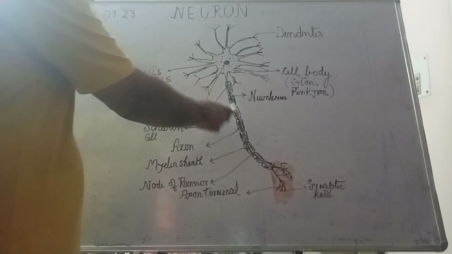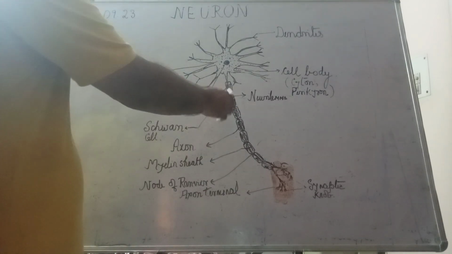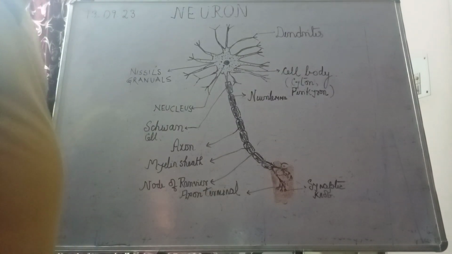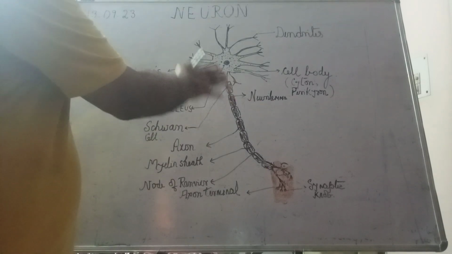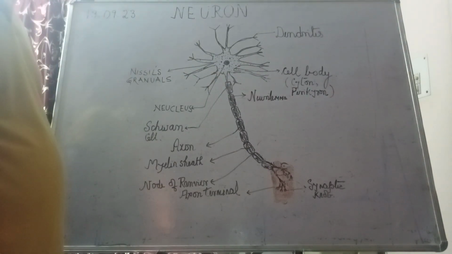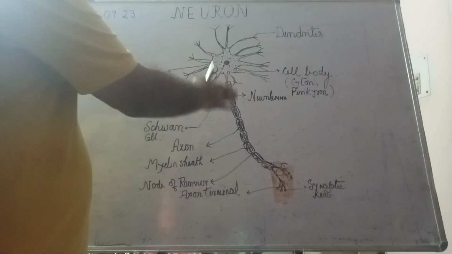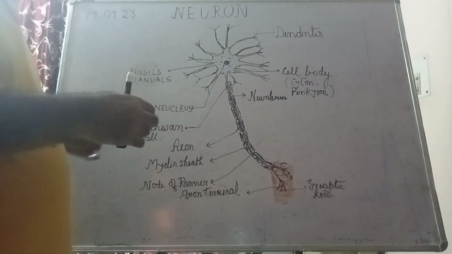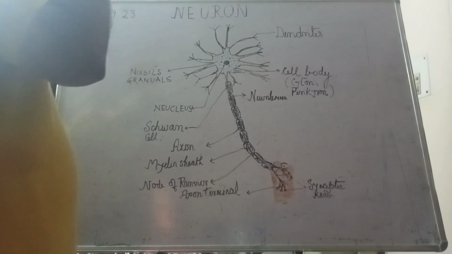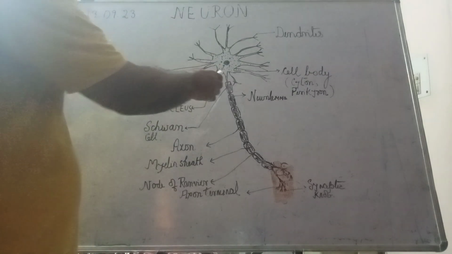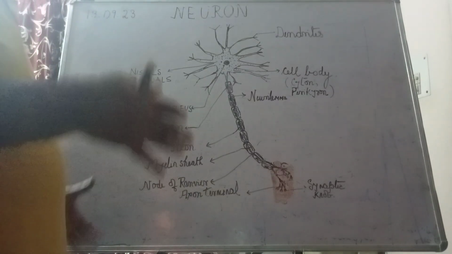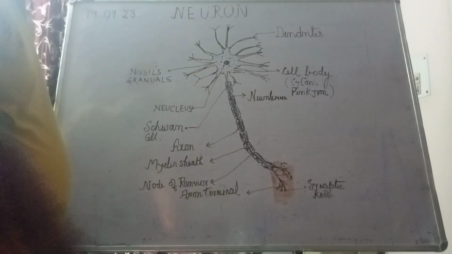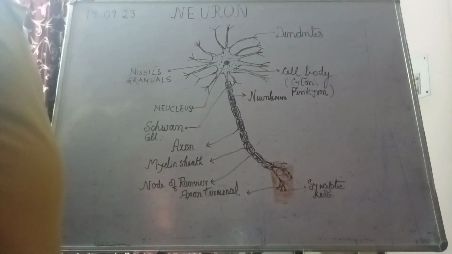Outside the membrane of the nerve fiber or axon fiber, there are plenty of positive ions, that is sodium ions, and this is the resting stage, which is called the polarized state. Now in the resting stage, these positive sodium ions are attracted and invade through the semipermeable membrane, getting inside the nerve fiber.